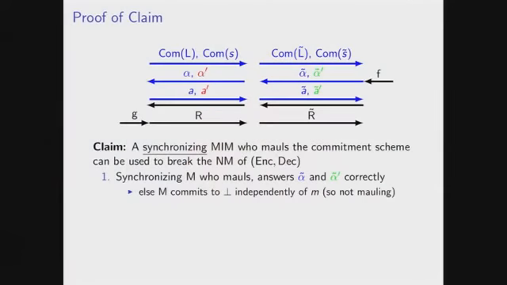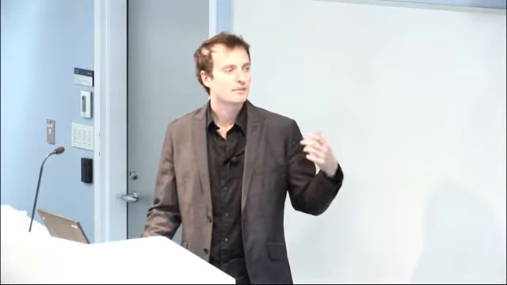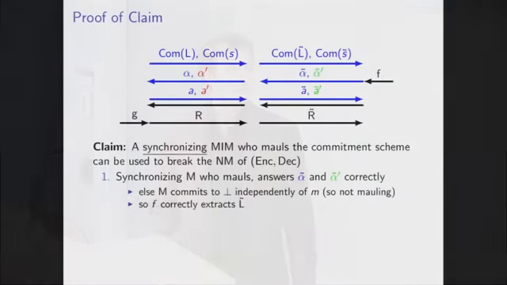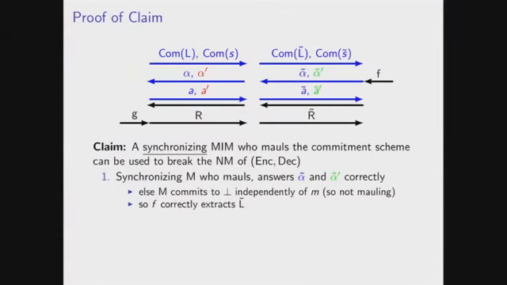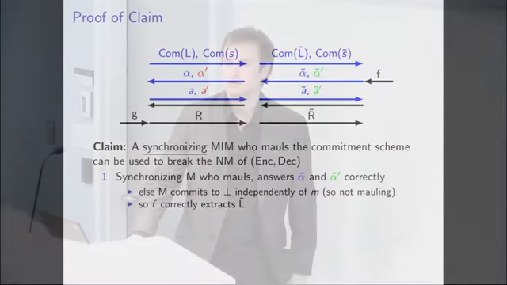So I'm sort of claiming here that if the man in the middle is mauling, then he's answering correctly, at least with some non-negligible probability, because otherwise he's just with high probability committing to bot, independent of the message. Why is he committing to bot?